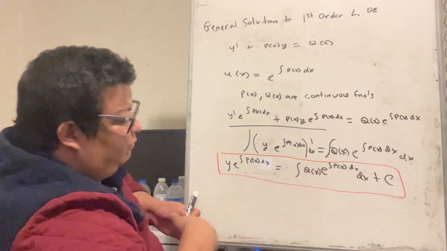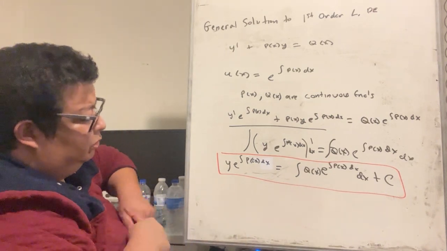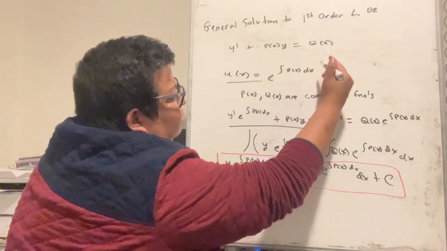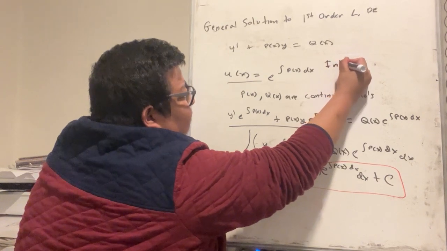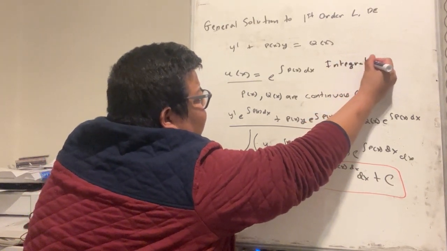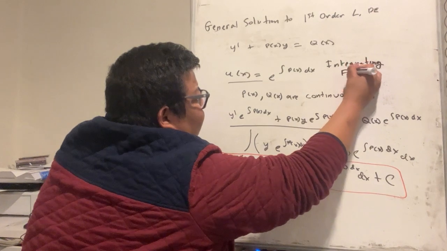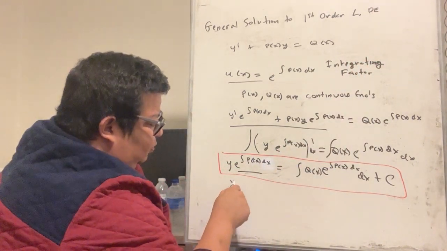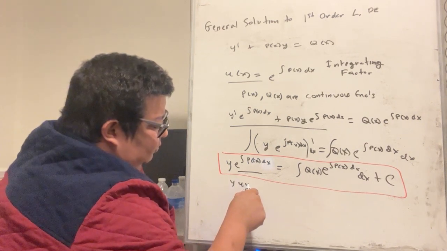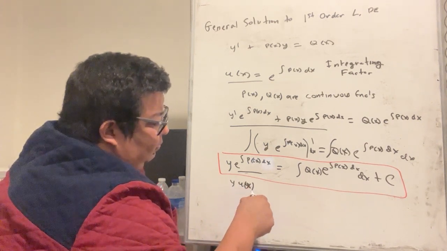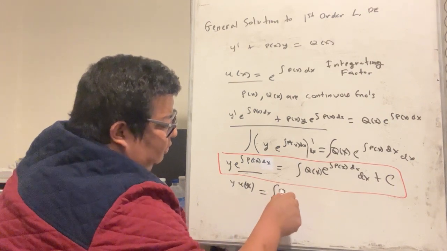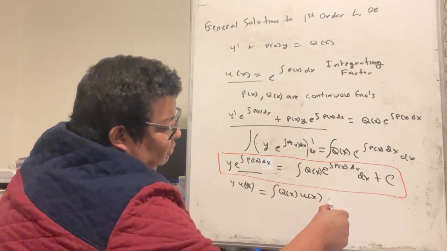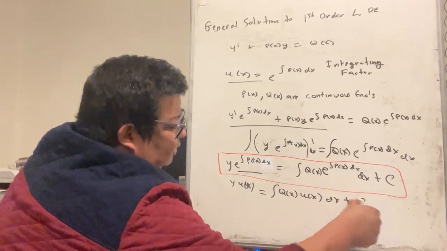And you can really simplify it by noticing that this here is your integrating factor. This is your integrating factor. So this becomes y u(x) equal to the integral of q(x) u(x) dx plus c.